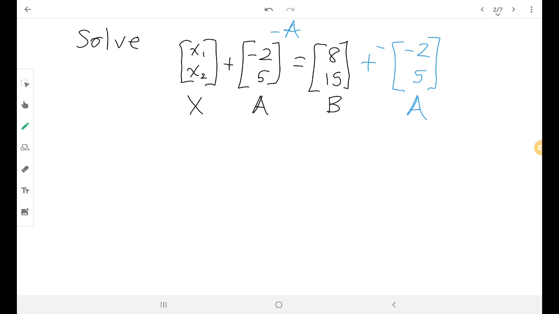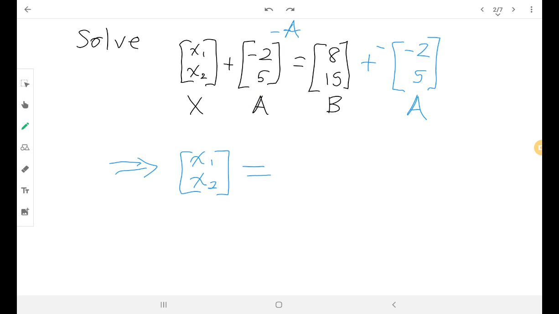And what that would do in this case is I would have to distribute that negative, treat it like a scalar -1 to multiply to both things, okay? So for my next step, I'm going to have the X matrix, X1, X2, equals, because now I've subtracted that away, so it's not there anymore.